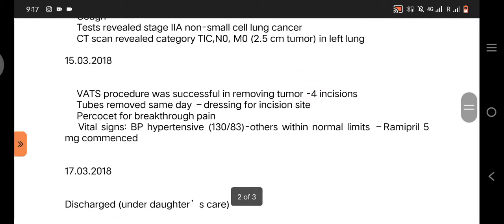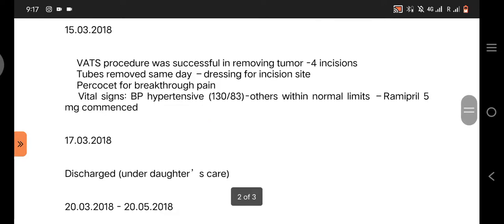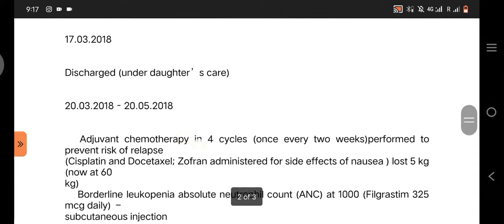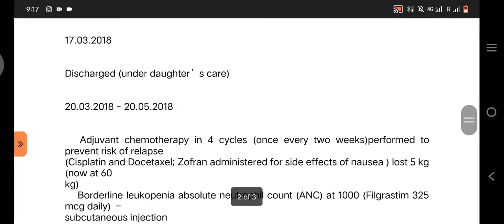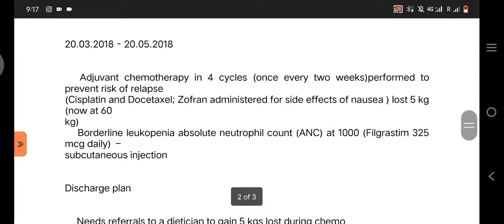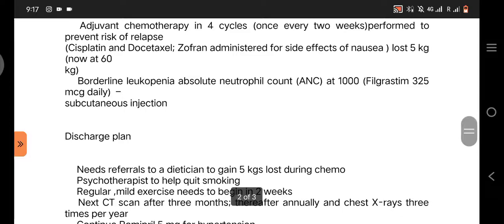After that, you can write he underwent VATS procedure. He was managed with Percocet for pain. After his discharge, he underwent 4 cycles of adjuvant chemotherapy with, and write all the medication details because it is an oncologist.